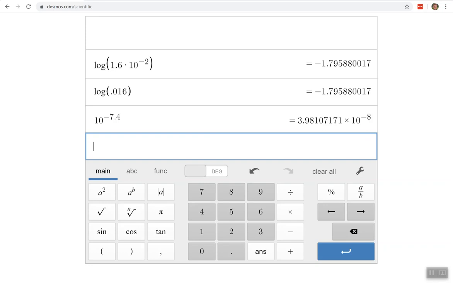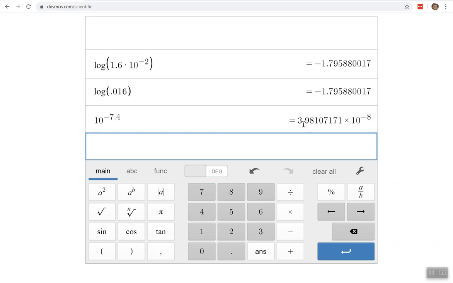If it doesn't, then you may have difficulty interpreting your answer because there will be so many leading zeros before the 398. So on your calculator, you might have to find a button, mode, and within that menu, you should be able to find an option for scientific notation. It may be abbreviated SCI.